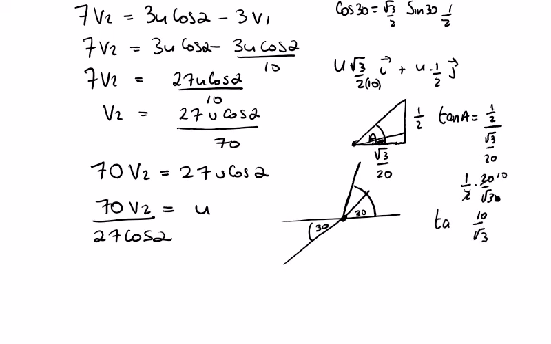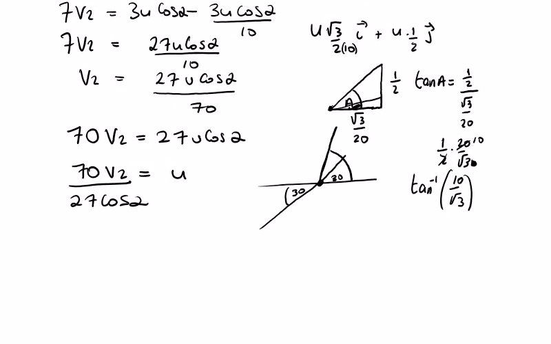So the inverse tan of 10 over root 3 gives me 80.17. My angle of deflection, if I take away the 30, is what's left. So the direction of the motion of P is deflected 50.17 degrees. That is the answer.